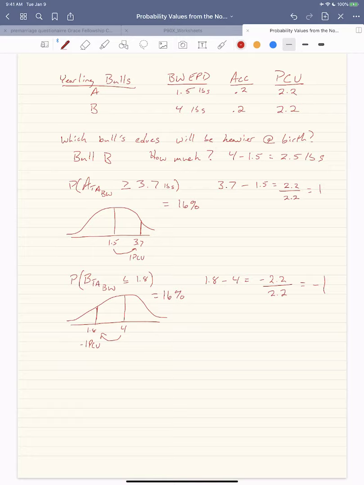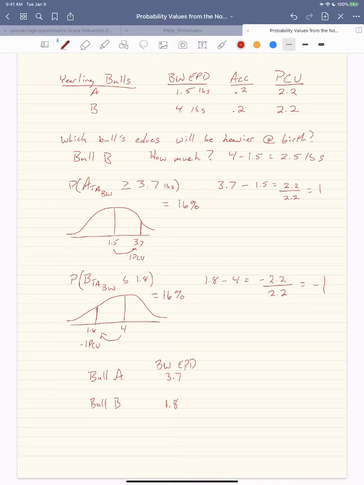Now, I'm going to say, what if the real transmitting ability for these bulls, so bull A, let's say his birth weight EPD really is 3.7, and bull B's birth weight EPD really is 1.8. Now I say, who do you expect to be heavier? Whose calves do you expect to be heavier at birth?